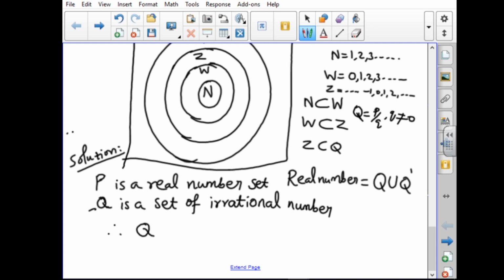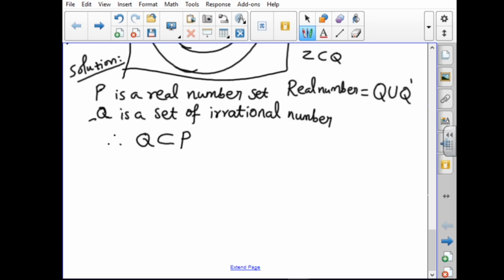But generally we denote the irrational numbers by Q dash. But here the question says Q is a set of irrational numbers. Don't confuse that. So Q is a subset of P. That is, irrational numbers are a subset of real numbers. Are you clear? So therefore we should check the commutative property of union and commutative property of intersection.